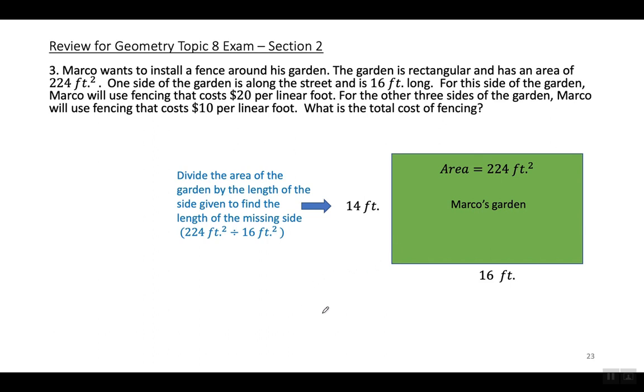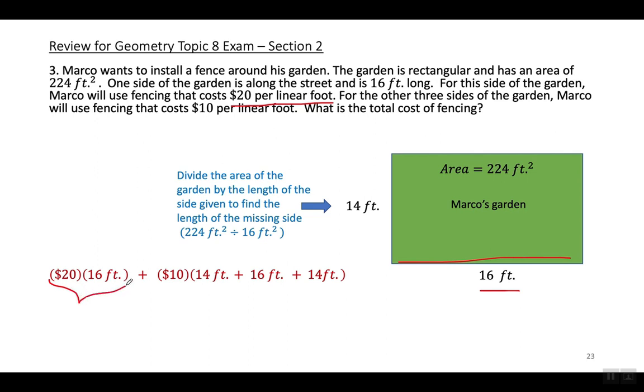It says that for this side of the garden, which measures 16 feet, Marco is going to use fencing that costs $20 per linear foot. So right here, we're multiplying $20 times 16 feet. Now for the other 3 sides, it says Marco will use fencing that costs $10 per foot.